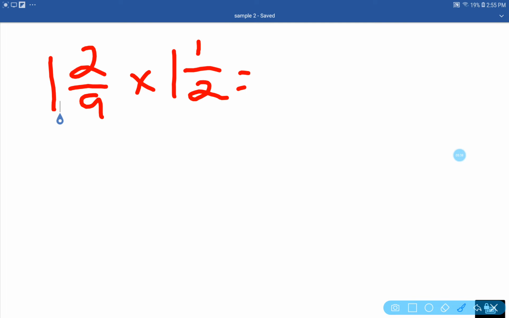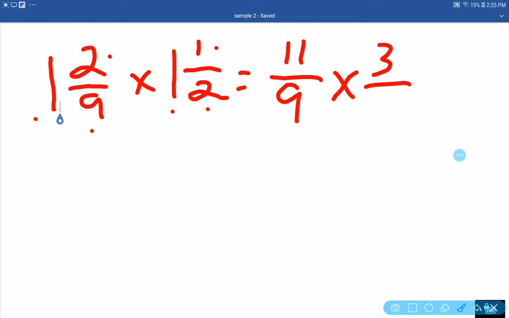So we're going to take the 9 times the 1 is 9, plus 2 gives us 11 over the original denominator of 9, and then you're going to do the same thing here. 2 times 1 is 2, plus 1 is 3 over that 2, and then you're just going to multiply across.